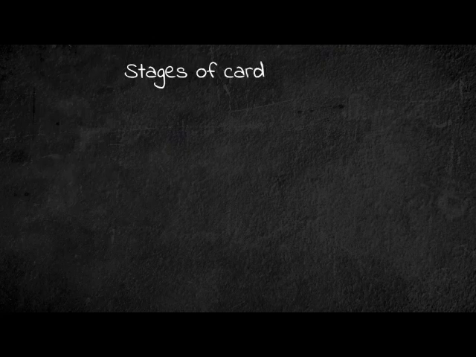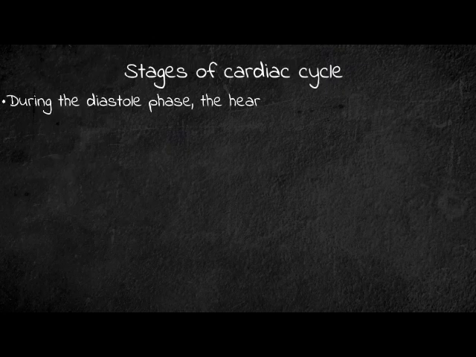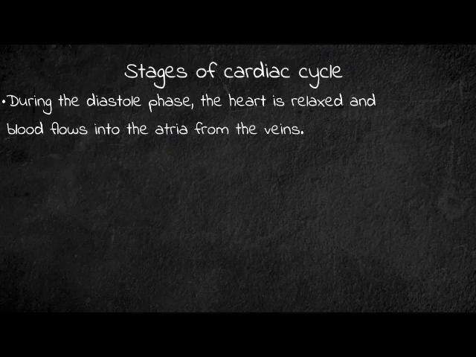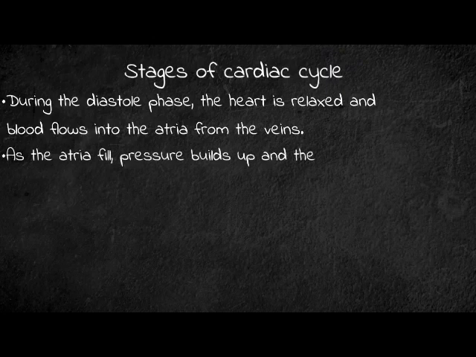So students, now we shall learn about the stages of the cardiac cycle. As I said before, the heartbeat undergoes various stages, a sequence of phenomena. The first stage is the diastole phase, where the heart is relaxed and blood flows into the atria from the veins.